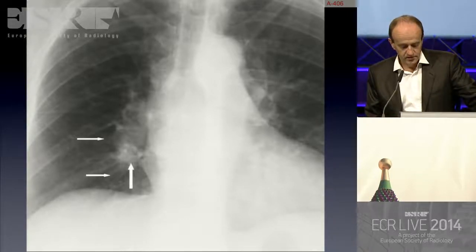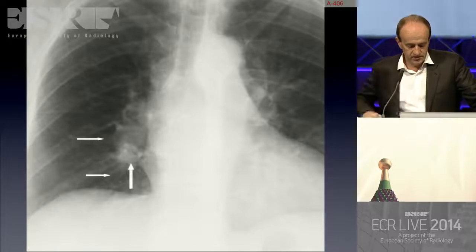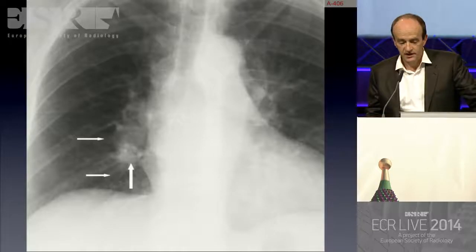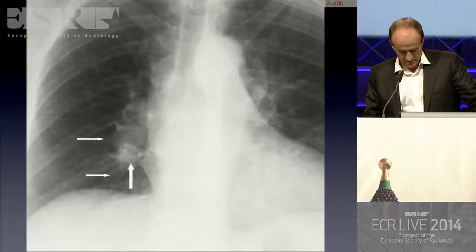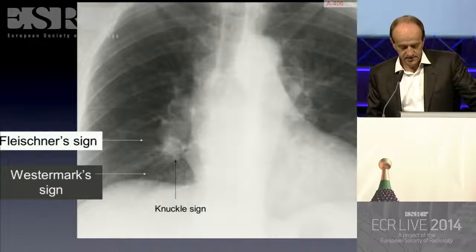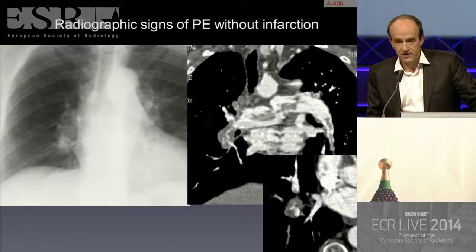And third, we see a rounded aspect of the right pulmonary artery, named the knuckle sign. These three signs are not sensitive but highly specific of massive central pulmonary embolism without infarction.